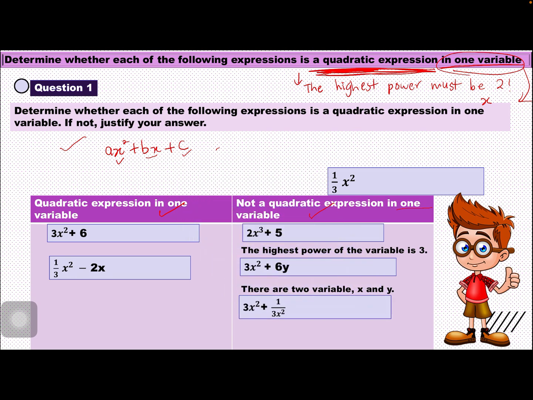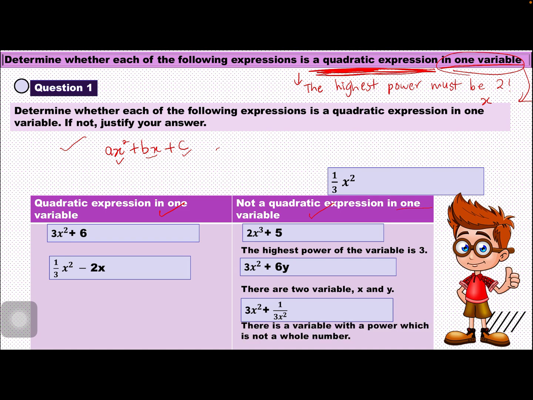So this one. Okay, why is 3x squared plus 1 over 3x squared not a quadratic expression in one variable? Because one of the powers is not a whole number. You see here, if I take this, it's actually 1 over 3x to the power of negative 2.